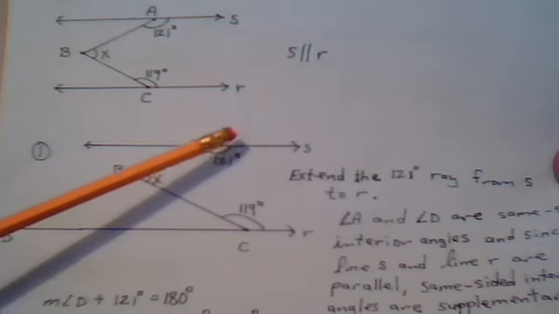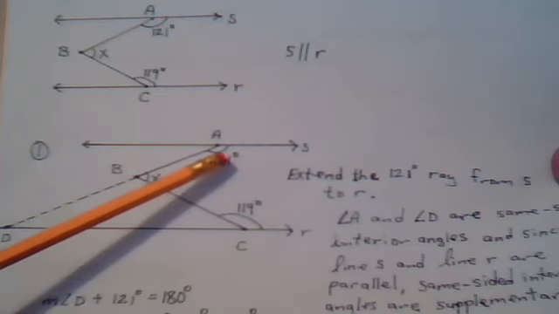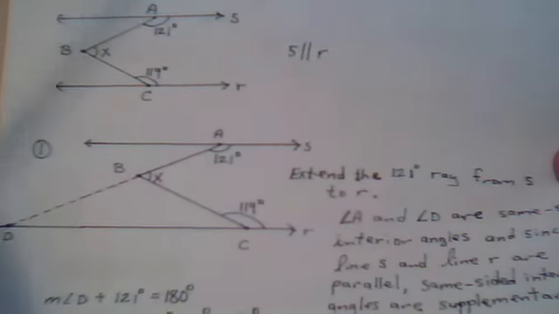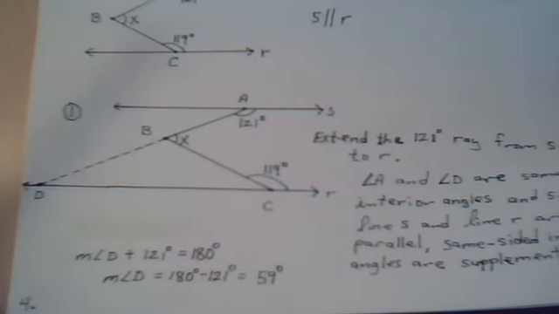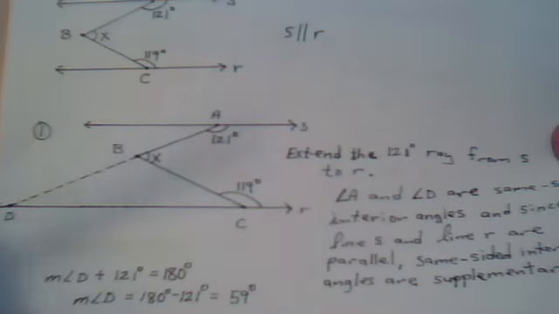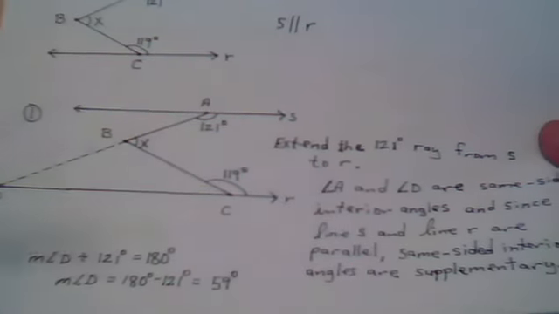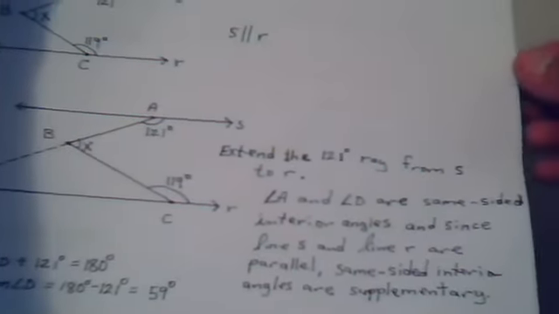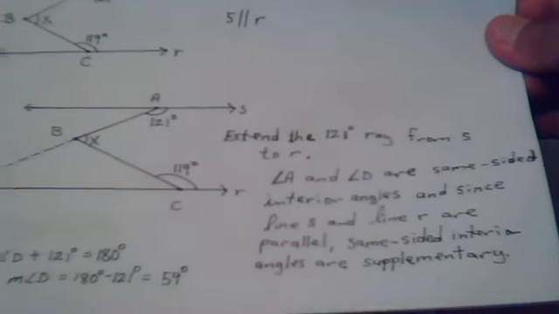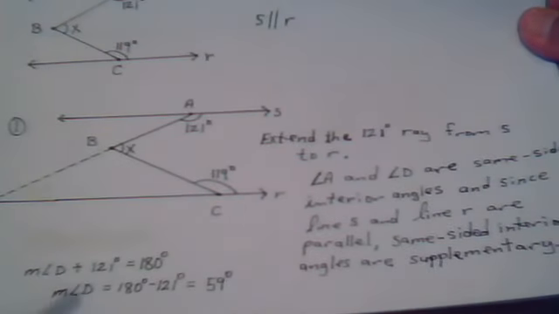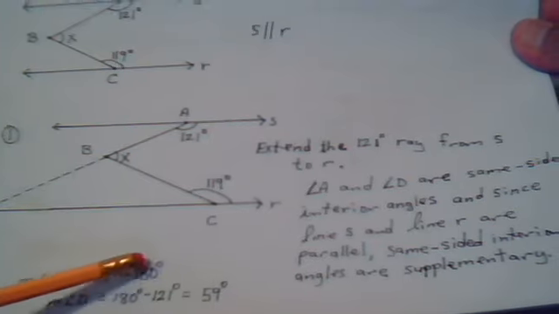So when you have parallel lines, same-sided interior angles should add up to 180. In other words, these two angles are supplementary. Since they're supplementary, they should add up to 180.